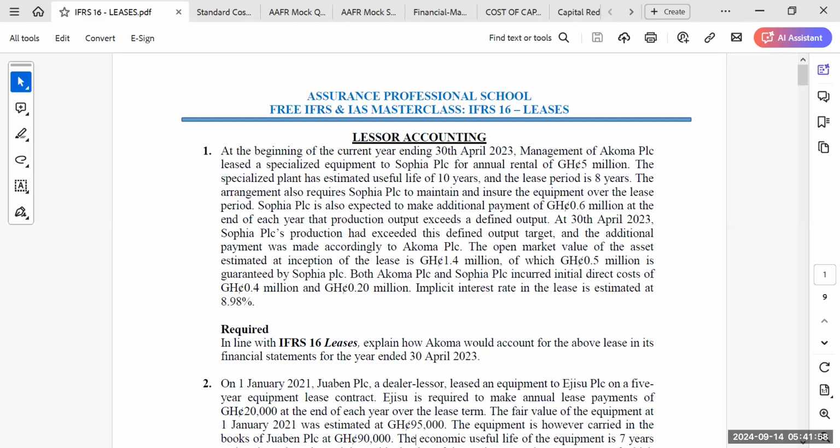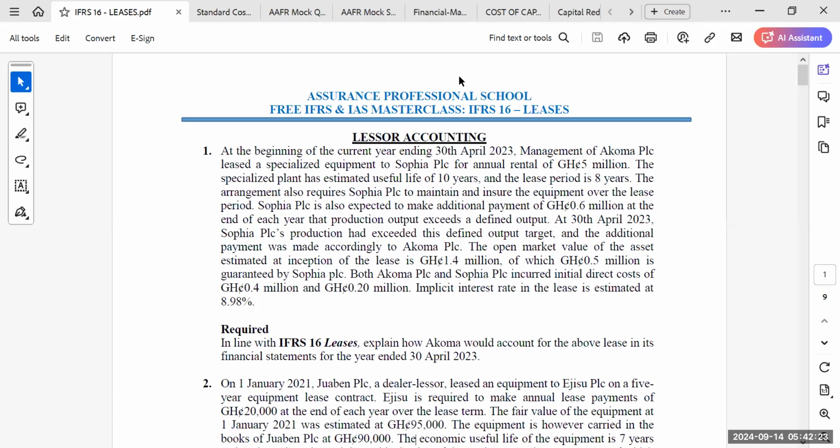Okay, can we get that one somewhere? If nothing has been said, it will always be in arrears. If it is in advance, the question will tell you. Sophia PLC is also expected to make additional payment of 0.6 million at the end of each year, so this one is going to be in arrears.